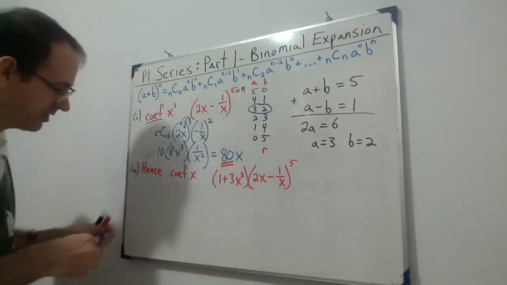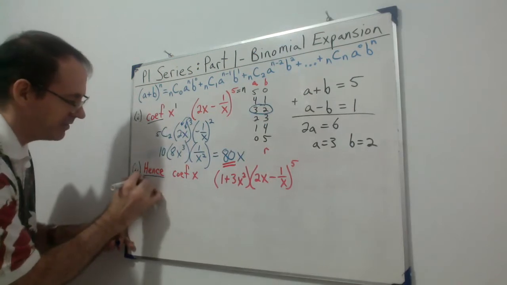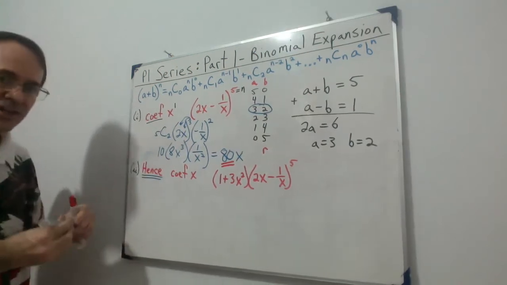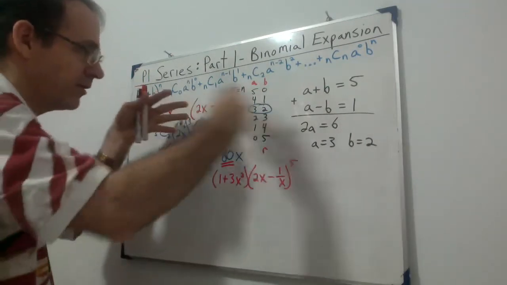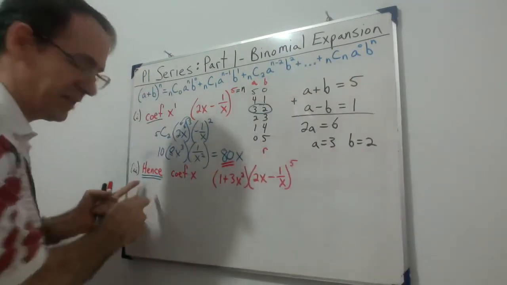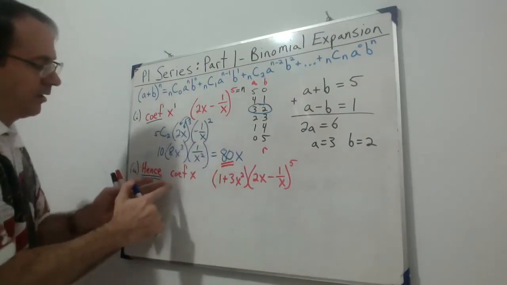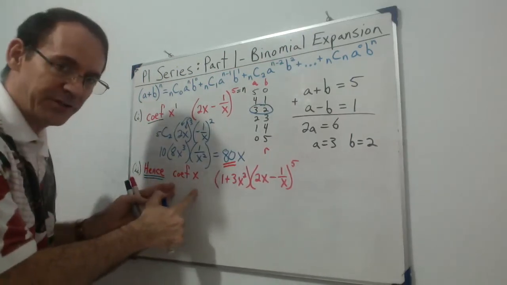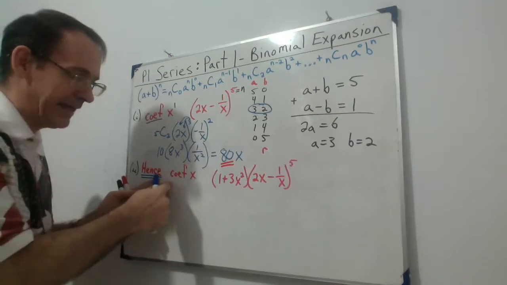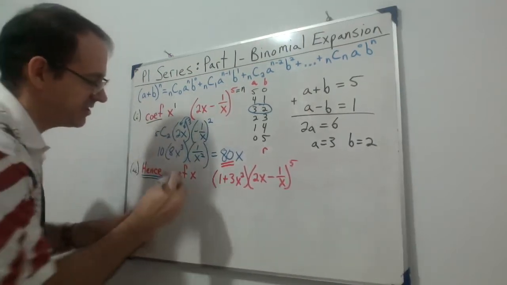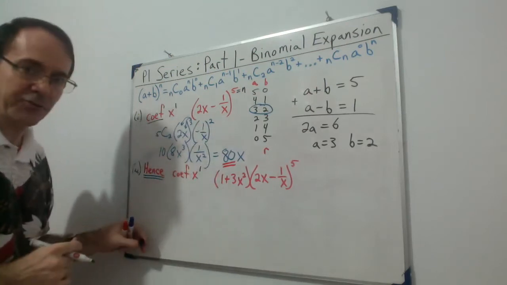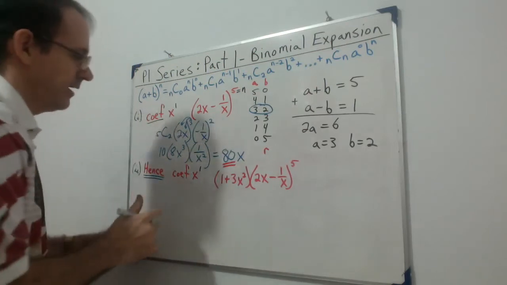First, notice the hence. When you see the hence, it means it's directly linked to what you just did. You always want to look at what you did previously when you see hence. We're still after the coefficient of x. It might change it, it might keep it the same. In this case, it still says coefficient of x, okay?